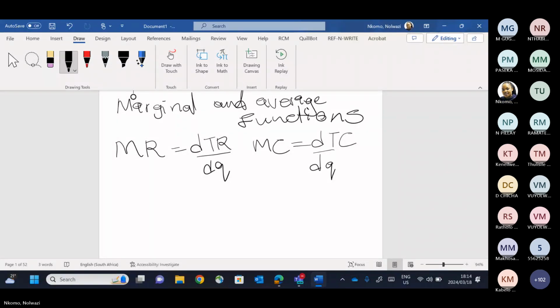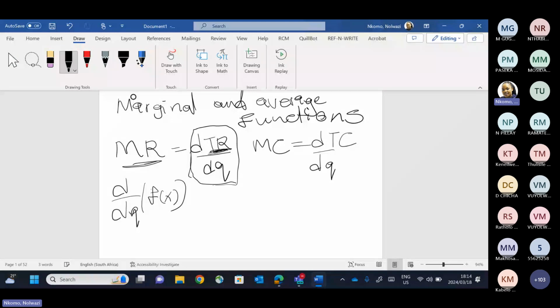This means you differentiate the total revenue, you get the marginal revenue. You see, that's where the derivatives come in, because we are differentiating here. Remember, d over dq of a function. Let me just say f at x.